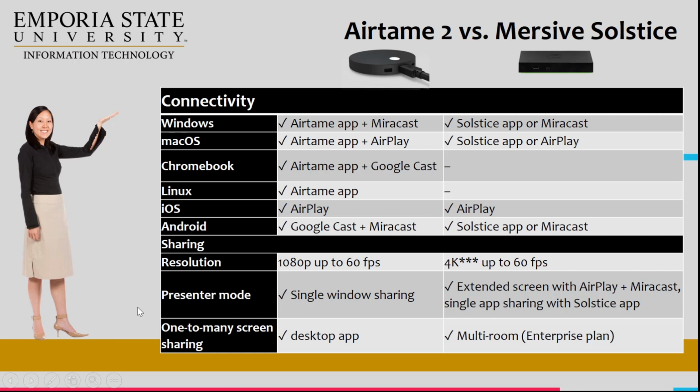You'll see here they also offer some 4K resolution versus the AirPlay's 1080p option, so you get a little better resolution. Again, the Mersive offers that extended display where you can see multiple content across different displays at the same time, or even cast to multiple screens at the same time, or even multiple rooms at the same time.